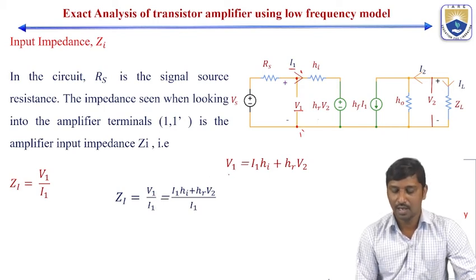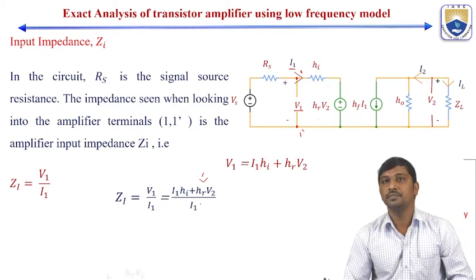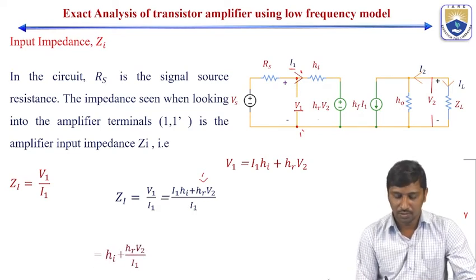So from the H model, V1 is represented as HI times I1 plus HR times V2. Hence I substitute this V1 here. So what happens here? I1 gets cancelled, and this term becomes HI plus HR times V2 by I1.